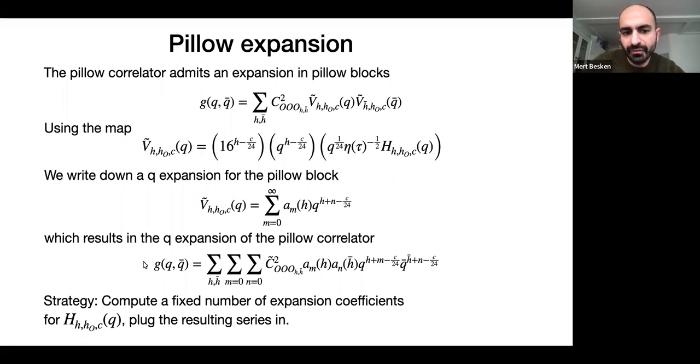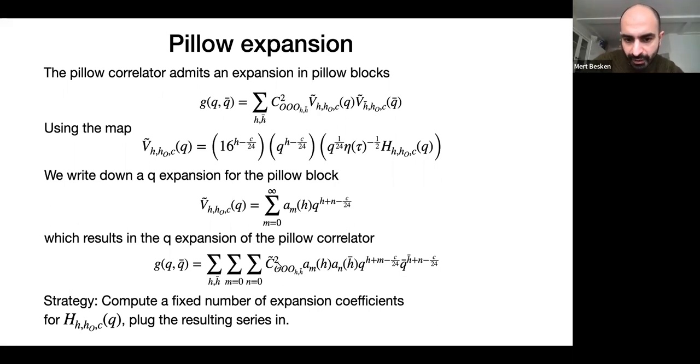So if we use all of this information and write down a Q expansion for the pillow correlator, it will have these OPE coefficients, and there's a sum over all of the operators in your theory, Virasoro primaries, and for each primary you have a pillow block. I'm writing the pillow block twice because there is a holomorphic part and an anti-holomorphic part. So we have a nice expansion of the correlator in terms of positive numbers.